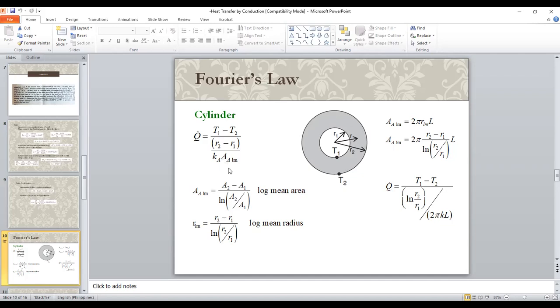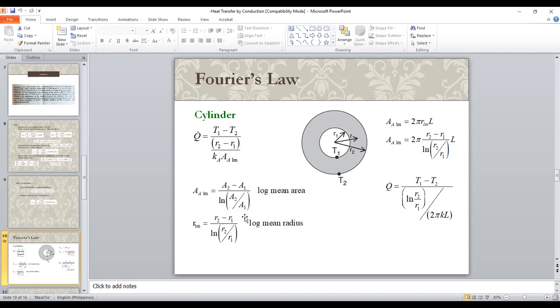But this time, class, take note, the area is the log mean area. Miss, what is the log mean area? Area 2 minus area 1 divided by the ln of the quotient of area 2 and area 1.